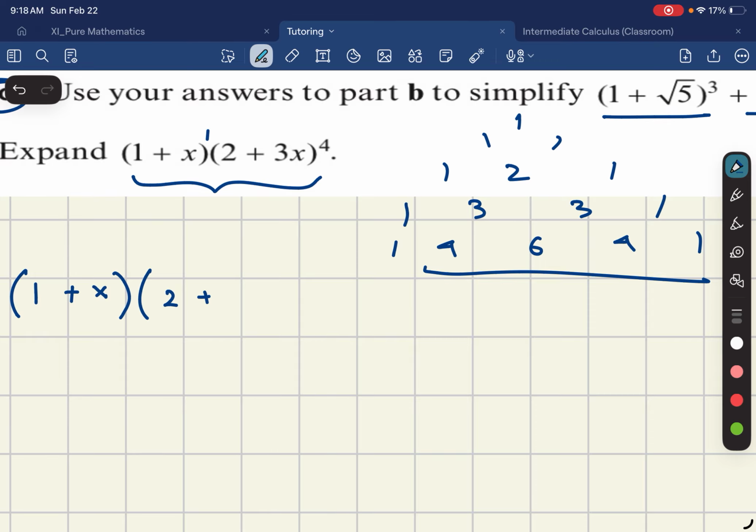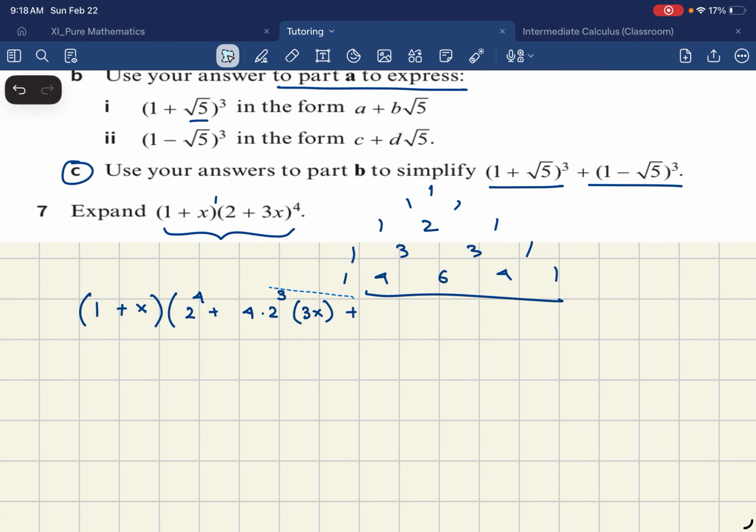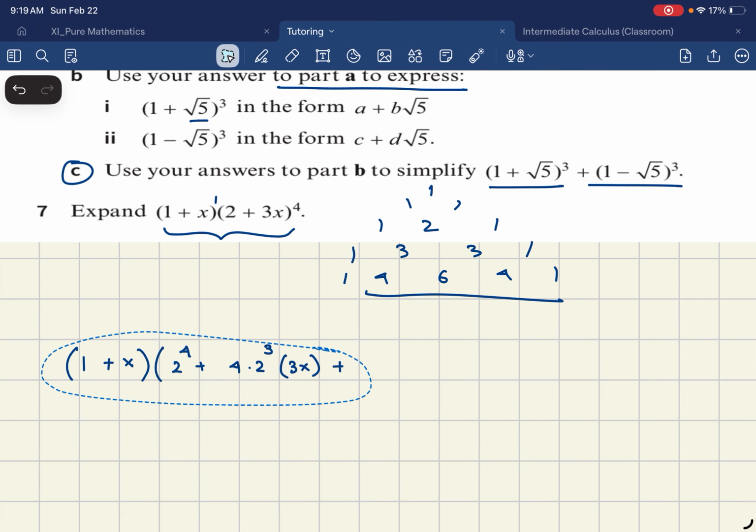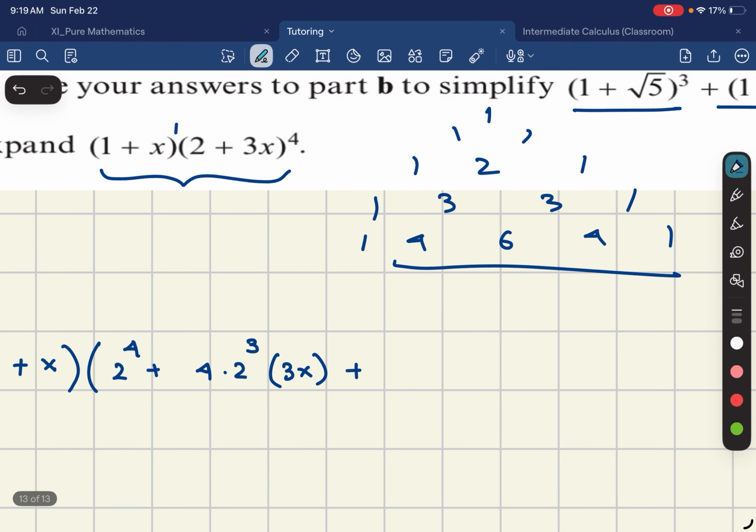So I have 2 to the power 4, 4 times 2 cubed, 3x. So let me just take this a bit down. I'm expanding this very quickly because I hope that we've gotten used to this, right? So I start with 1, 4, and then I decrease my first term's power by 1.